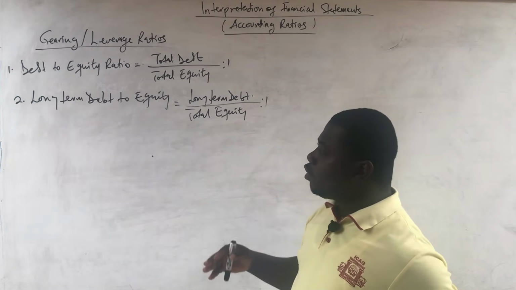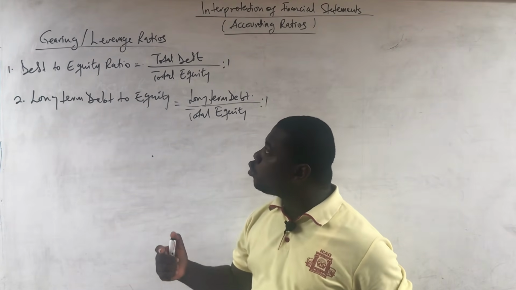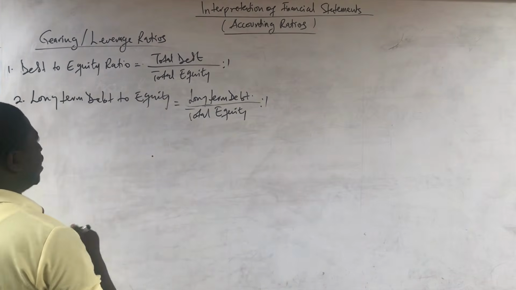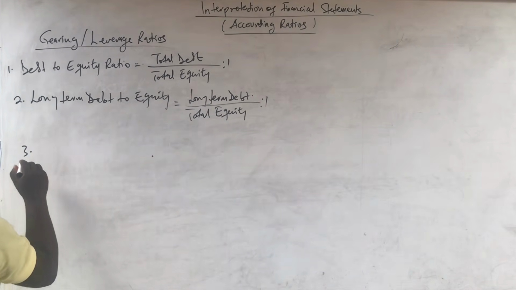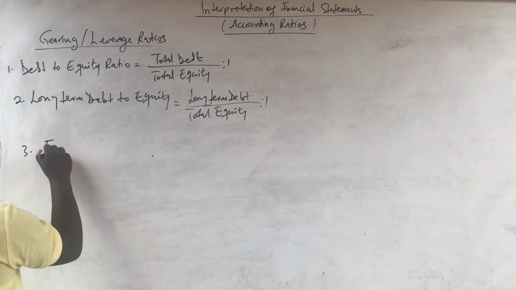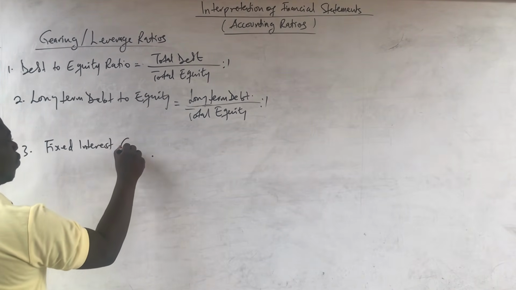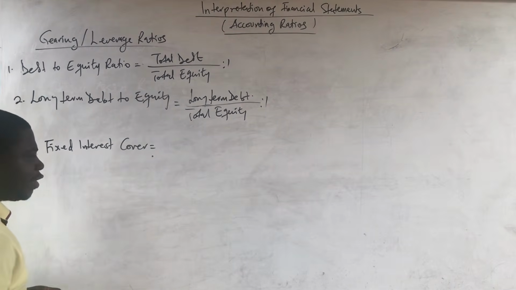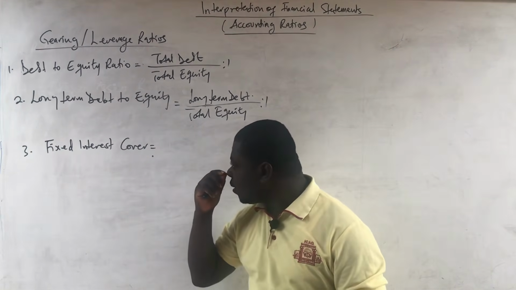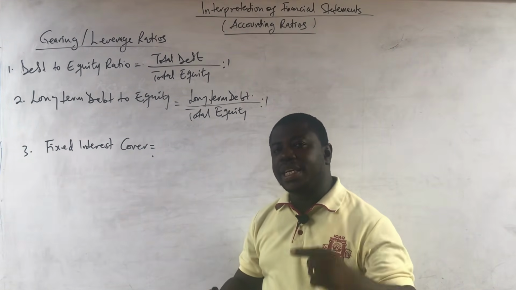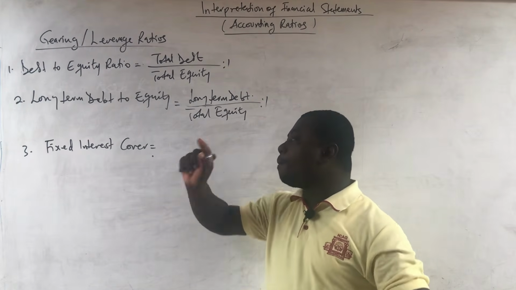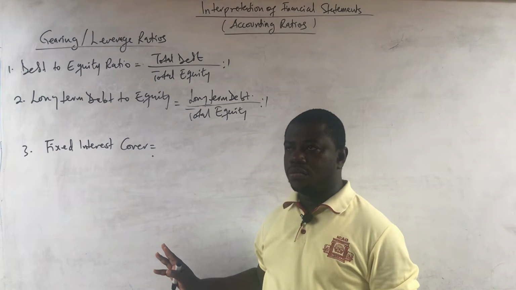And then let us look at another ratio which we are going to use to do the gearing analysis. It's very, very important. I call it fixed interest cover. This interest cover is a ratio that measures how many times you can pay your fixed interest.